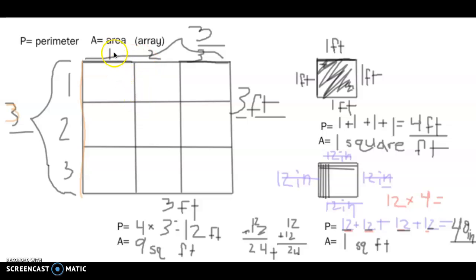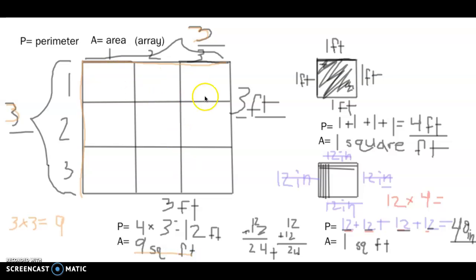How many do we have in each row? 1, 2, 3. So my rows times how many are in each row? Boys and girls, what is 3 times 3? Like an array. If I had to do a number problem for this array, 3 rows of 3, 3 times 3 is 9.